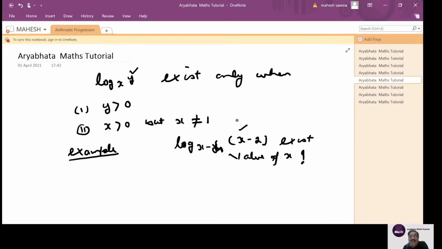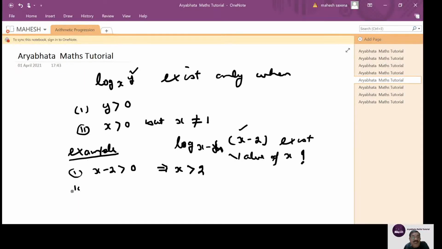Since x minus 2 is written here, first x minus 2 should be greater than 0. Implies that x should be greater than 2. Again, x minus 4 is in the base.